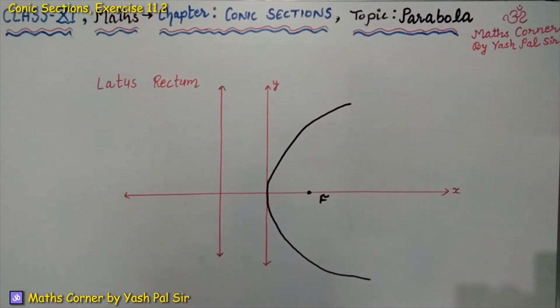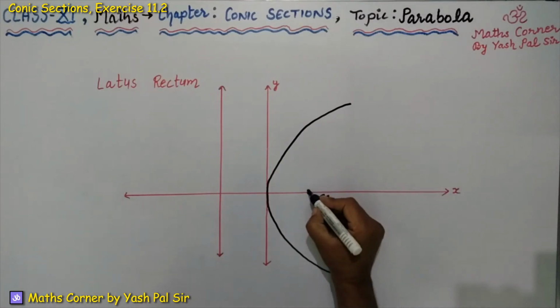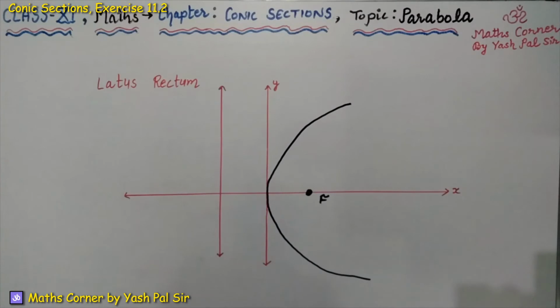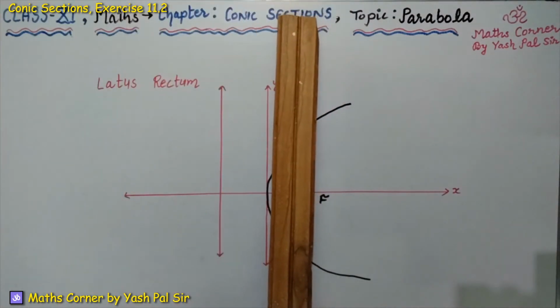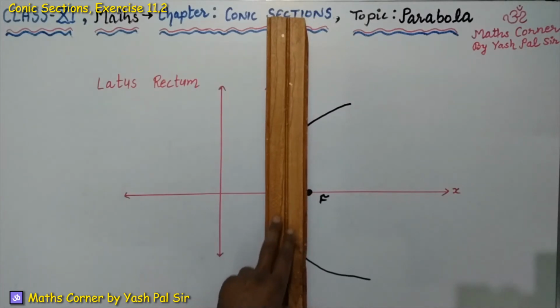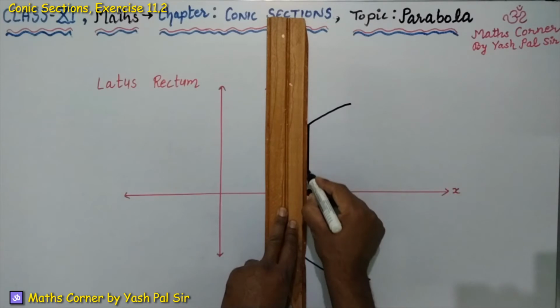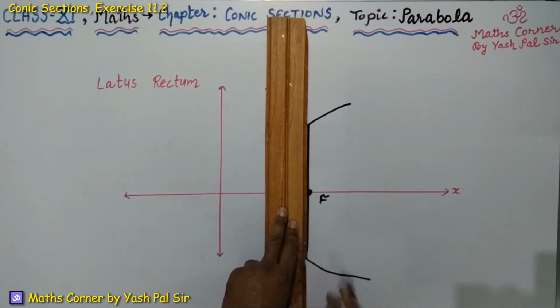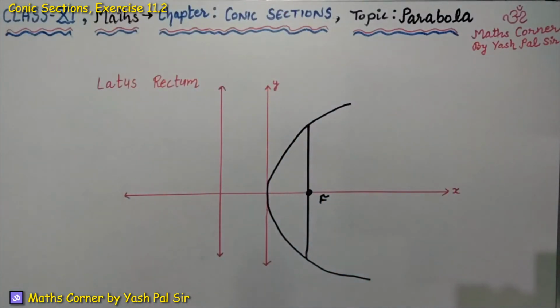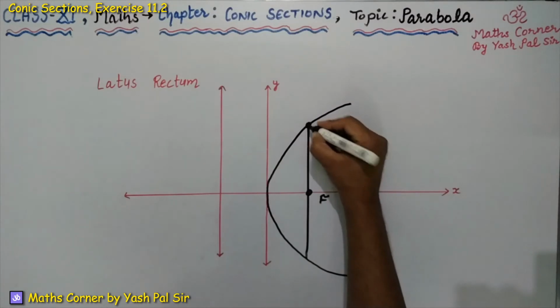We are just taking for example right-handed parabola. Okay, the focus is this. Now what we are going to do, through this focus parallel to the y-axis or parallel to the directrix, we have one line, this line, right?